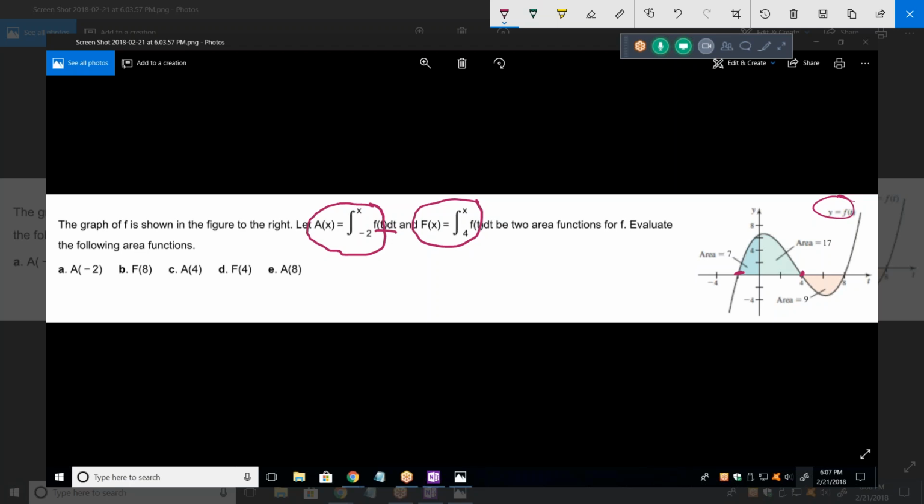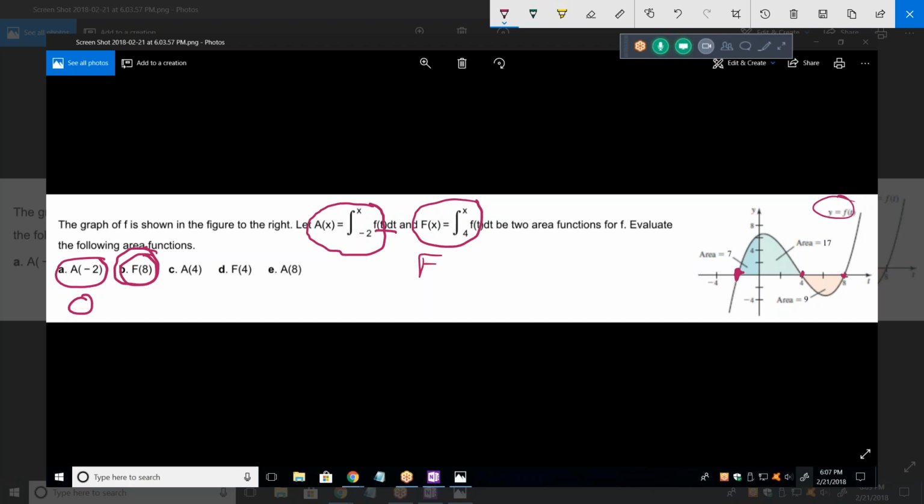All right. So what that says is, what is the area from -2 to -2? That'd be 0. What is the area from 4 to 8? They're talking about capital F of 8.